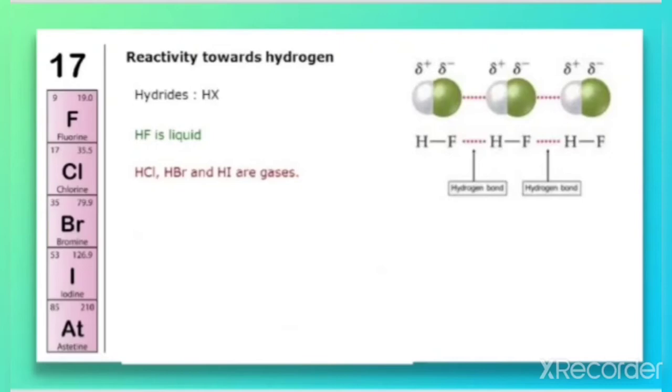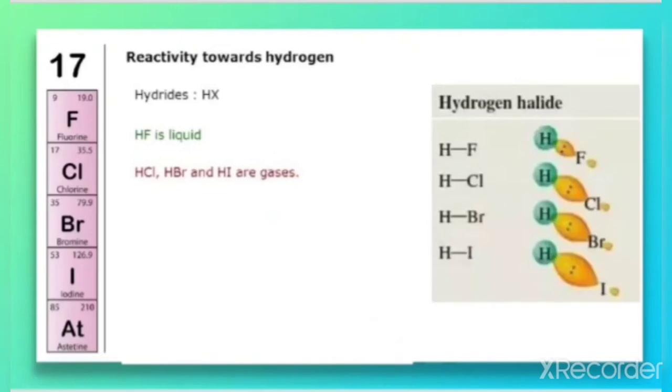But HCl, HBr and HI are gases because there is no intermolecular hydrogen bond between them. So HF is liquid and the others are gases, due to the most electronegative element fluorine, which can form intermolecular hydrogen bonds.